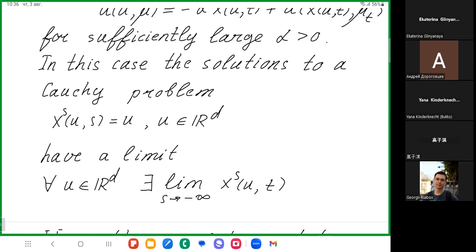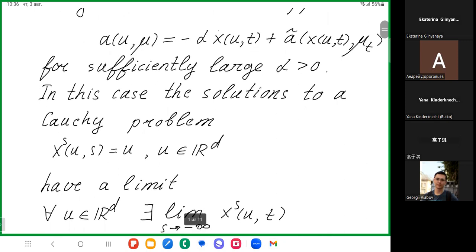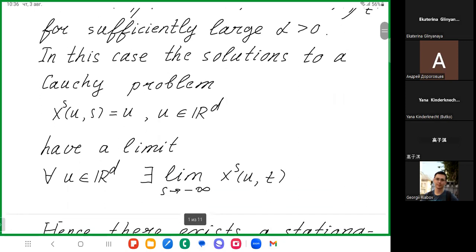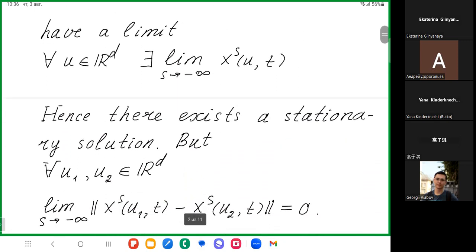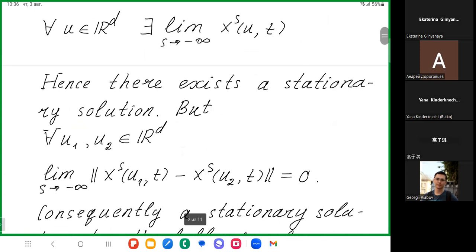But due to such a strong push to zero, it occurs that for any u1 and u2 starting points from R^d, if we consider the difference between the solutions which start from u1 and u2 at time s, and we consider this difference at time t, then the limit when s tends to infinity is equal to zero.